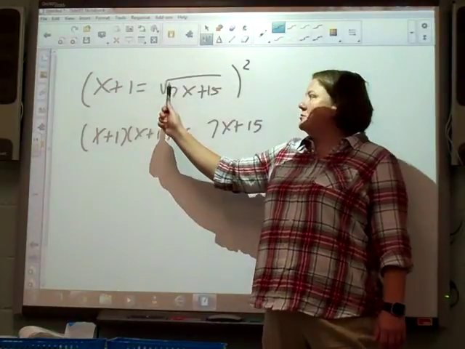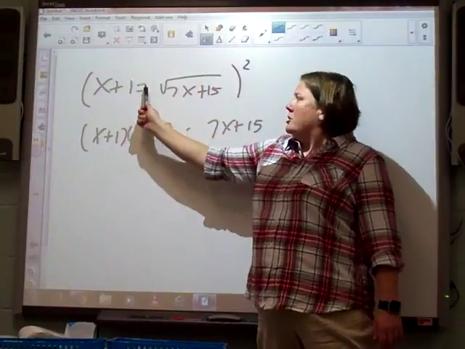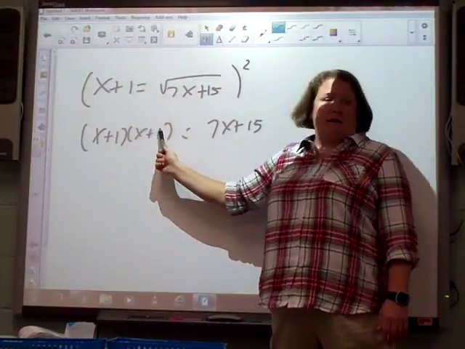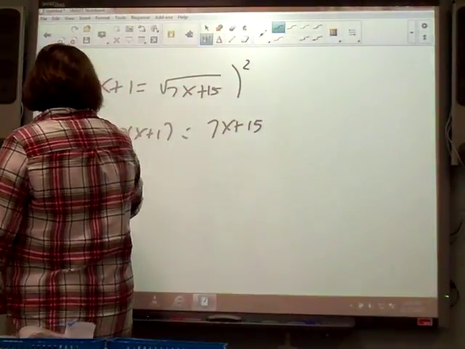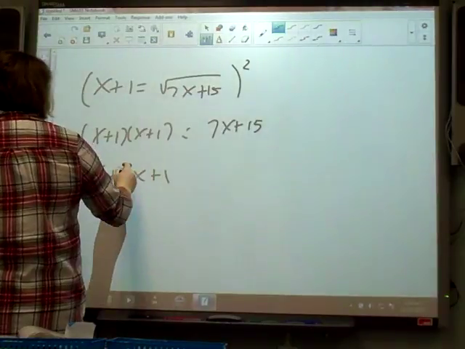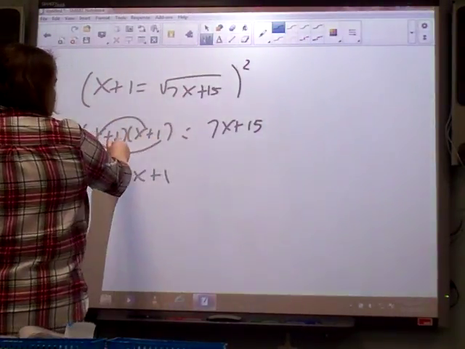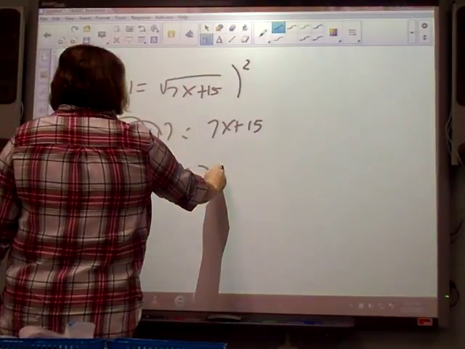So x squared, and then 1x and 1x is 2x, and then there's your plus 1.